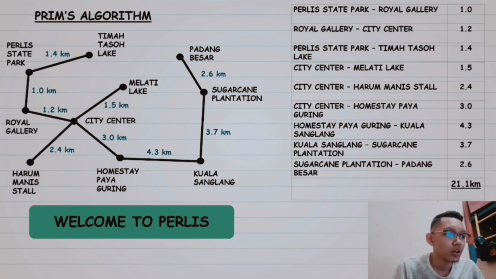So we will add all the distances, 1.0 plus 1.2 plus 1.4 plus 1.5 plus 2.4 plus 3.0 plus 4.3 plus 3.7 plus 2.6, and we get the distance for the minimal spanning tree is 21.1 kilometers for the Perlis map using Prim's algorithm method. So that's all from me.